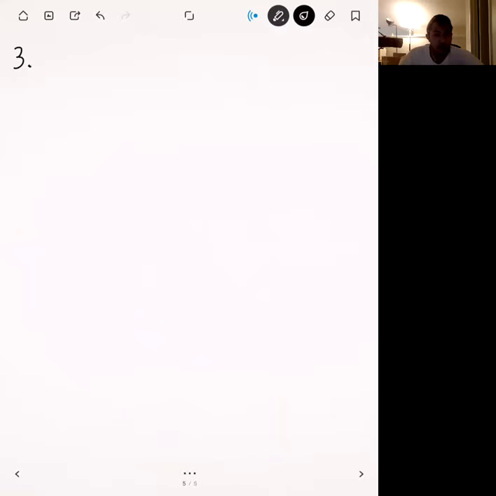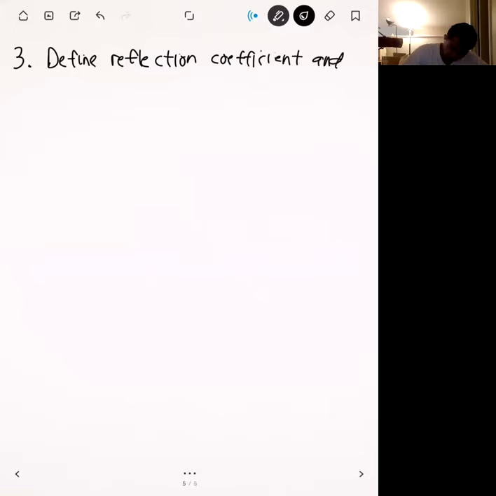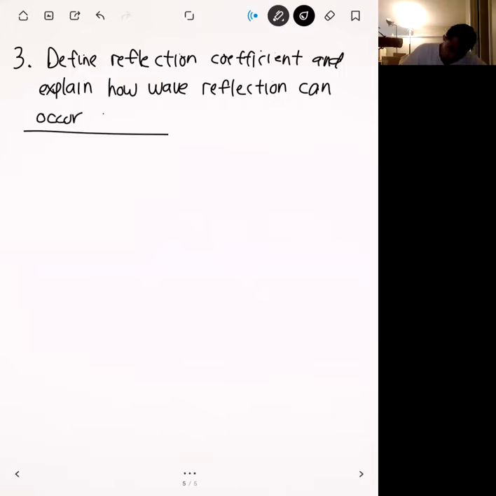Right, and so the next learning objective is to define reflection coefficient and how wave reflection can occur even in regions far from the capillaries. Okay. All right.